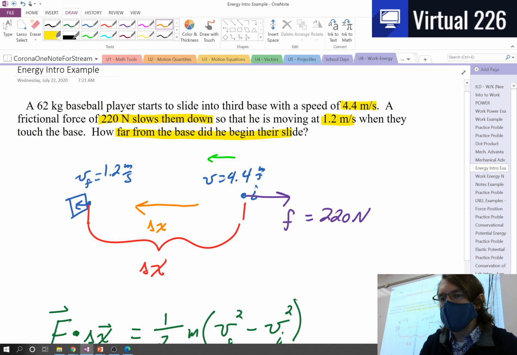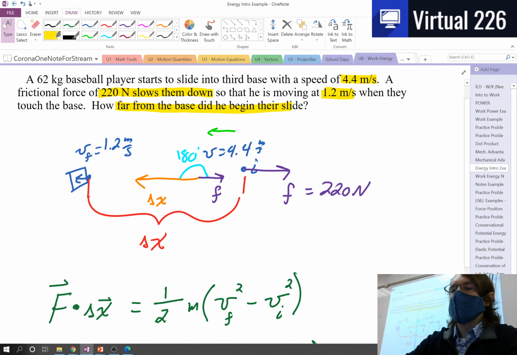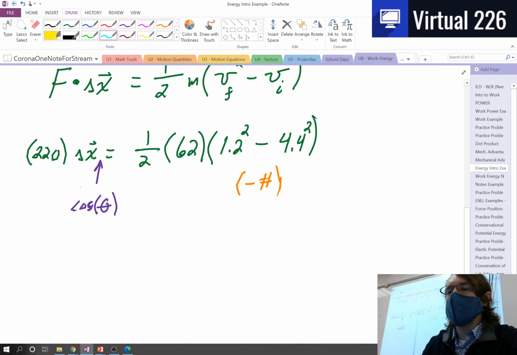There's our delta x. And our force, as we drew it, was to the right, which means that the angle between these two vectors was 180 degrees. The cosine of 180 is -1.